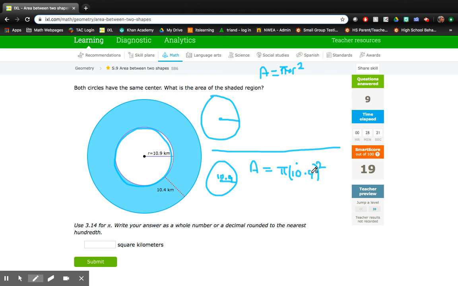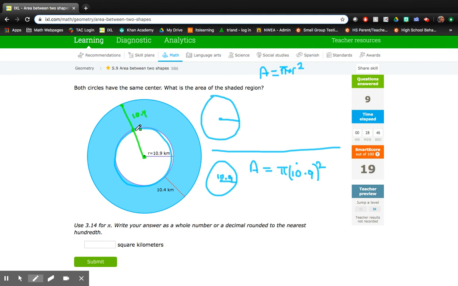I'll do that in just a moment. So now I need to find the area of this big circle. In order to do that, I need the radius of this big circle, which would be the distance from the center of the two circles all the way to the edge, right? And I know edge of the circle to edge of the circle is 10.4.